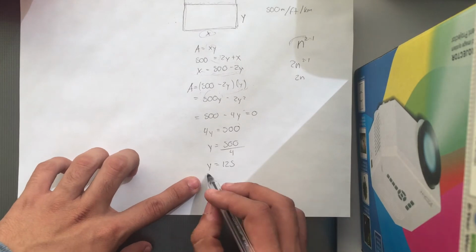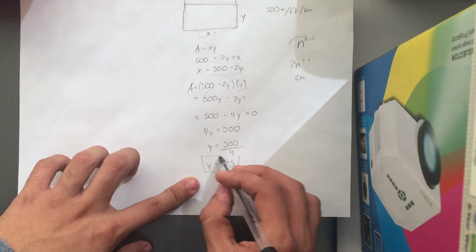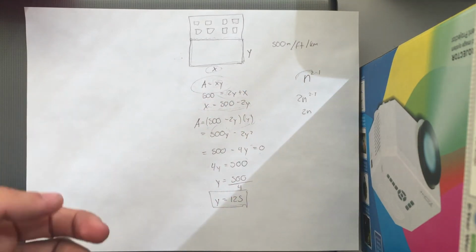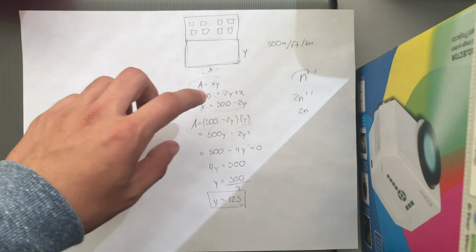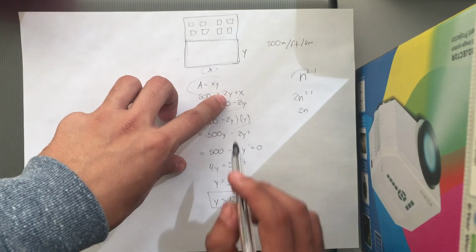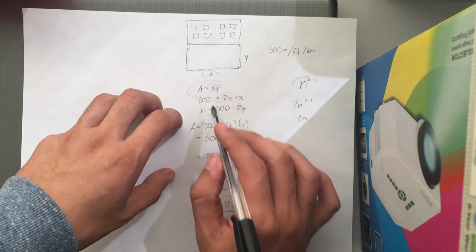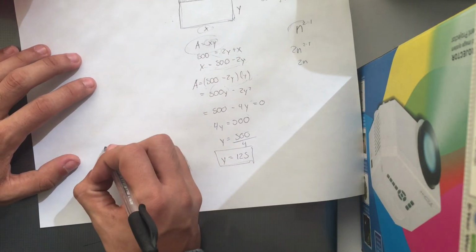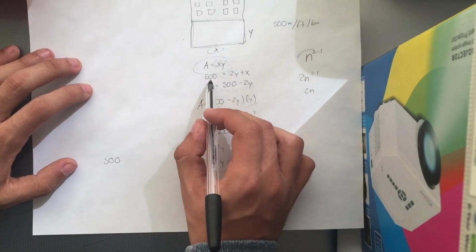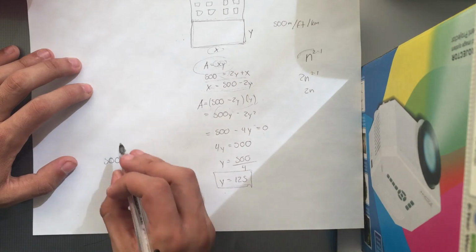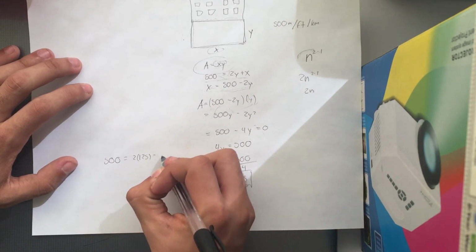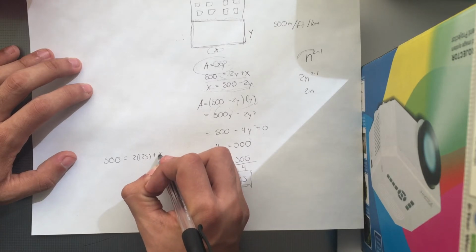Then as we have our value for y, we can substitute in the original problem. We can substitute in either formula, but it's easier in here because you will have the pure value, not a formula. So I'm gonna substitute this y in this formula: 500 equals 2 times 125 plus x.